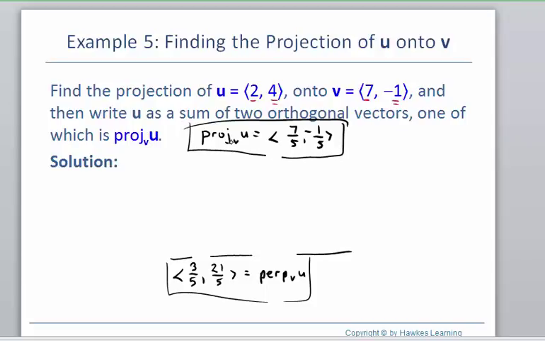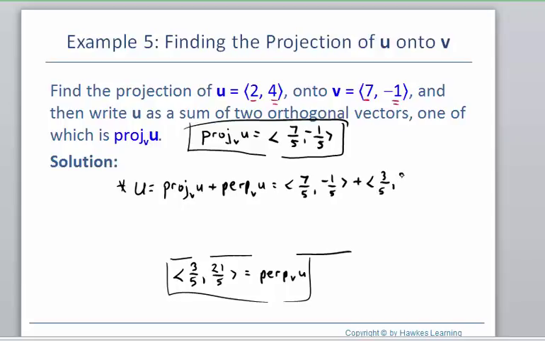And so in other words, just to sum this up, we can say that vector u is going to be the projection vector plus the perpendicular vector, which is going to be the projection plus the perpendicular. And that is going to be your 2, 4 that we started with.